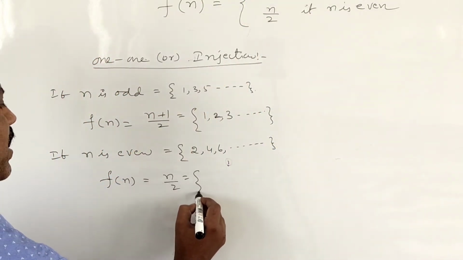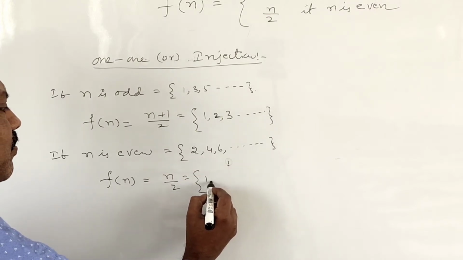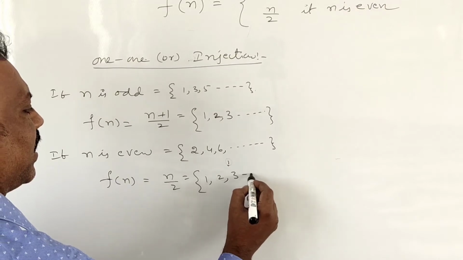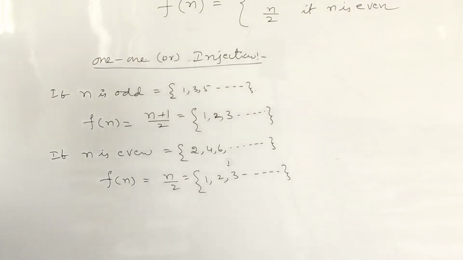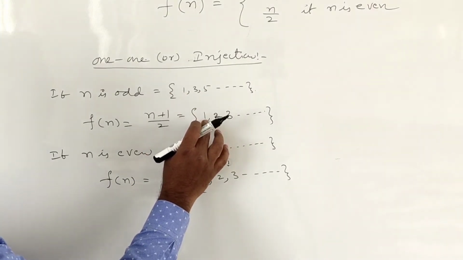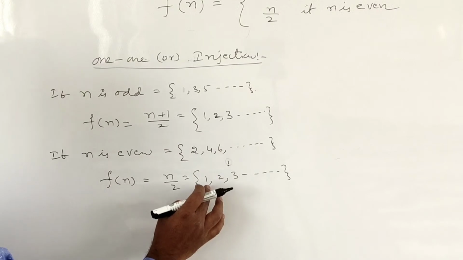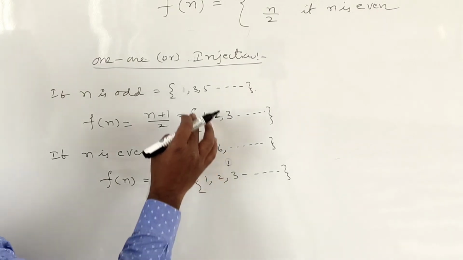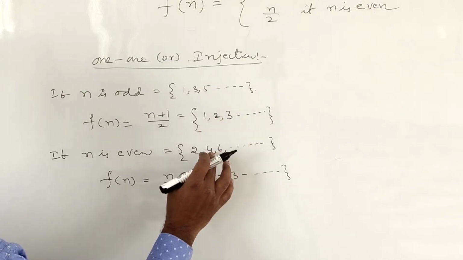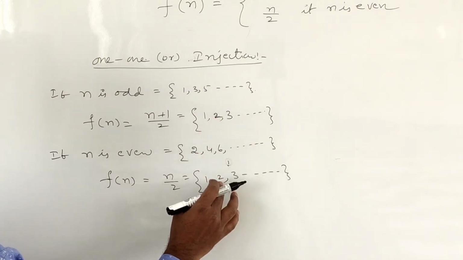Now you can replace: 2 here, 2 by 2 is 1; 4 here, 2; 6 here, 3 and so on. So what do you notice here? Input 1, output is 1. Input 2, output is 1. Input 3, output is 2. Input 4, output is 2.